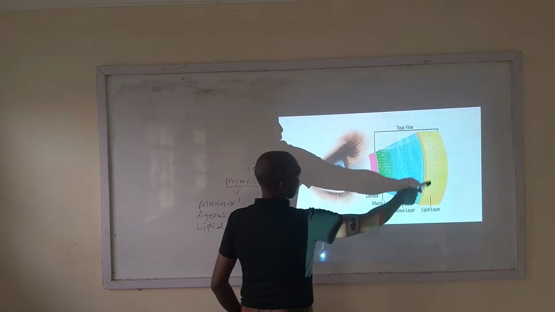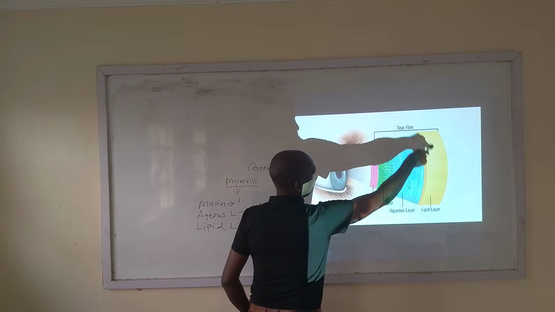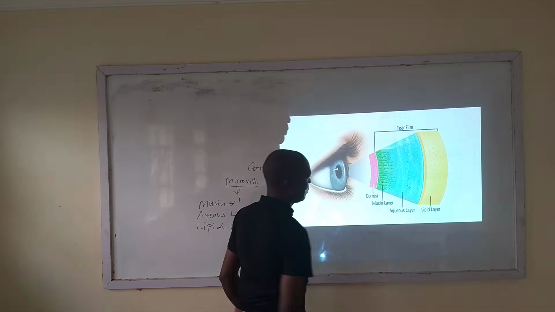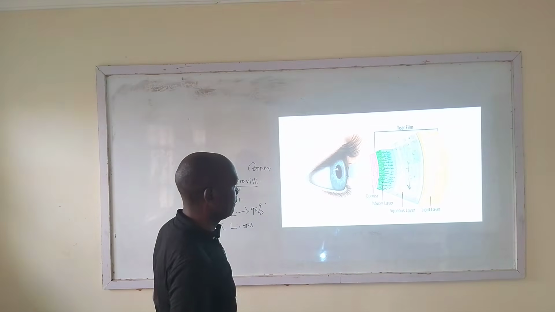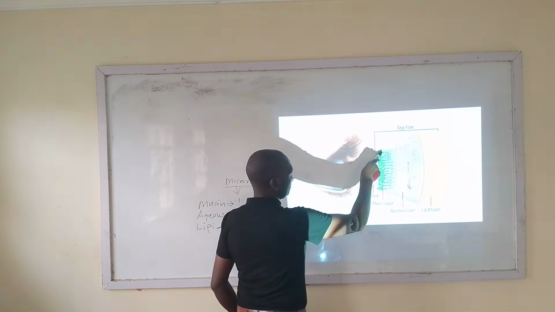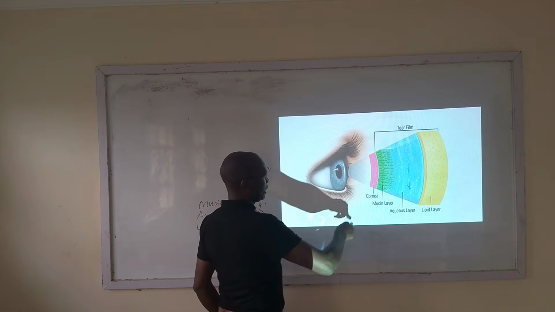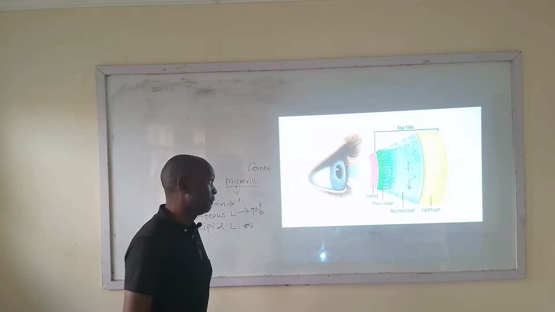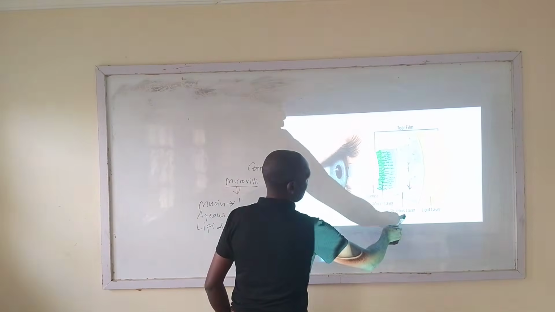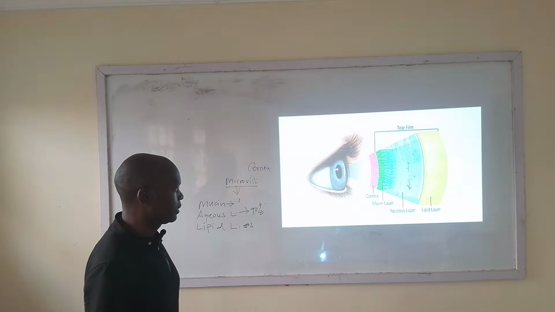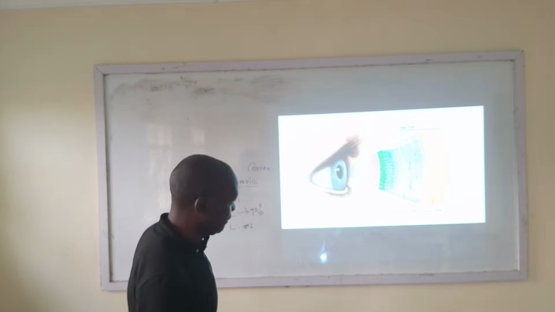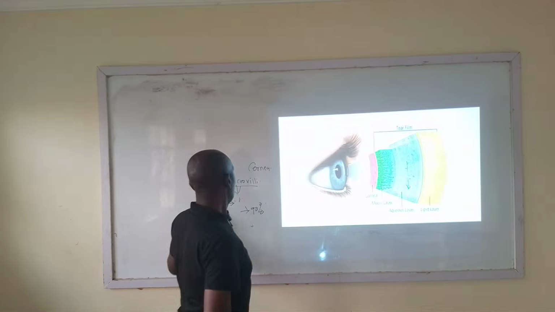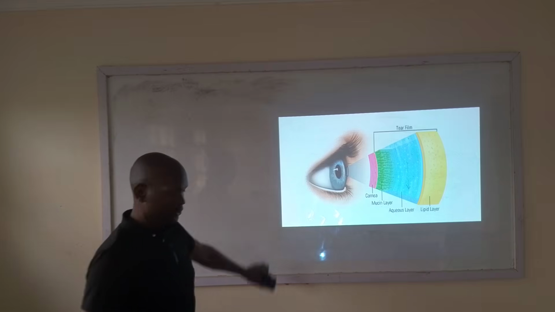The lipid layer is the layer that ensures that your tears do not evaporate faster, while the mucin layer, the innermost layer, is the one that anchors the entire tear film on the surface of the eye, while the aqueous layer is the one that serves most functions of the eye, that is lubrication, protection, among other functions.